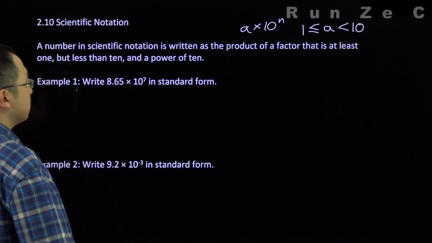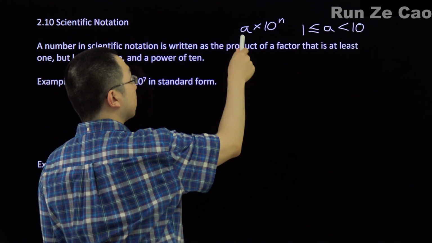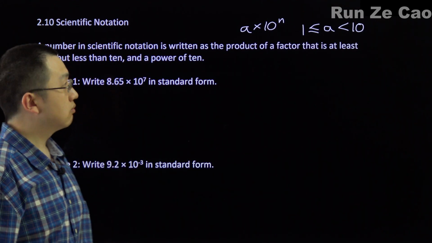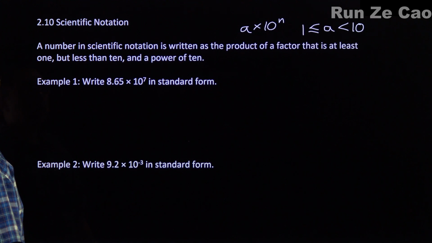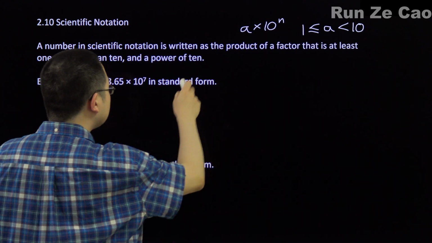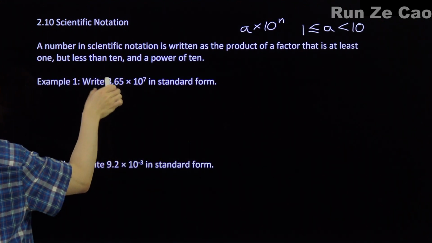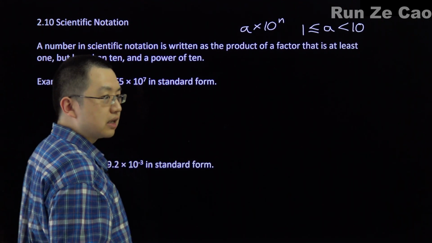It can't be 10, because otherwise you would just have another exponent on the 10. So you use the power of 10 to indicate the place of these numbers that you're multiplying it into.